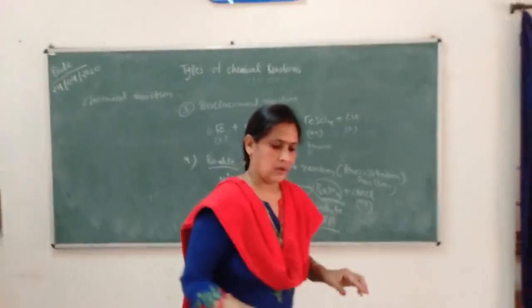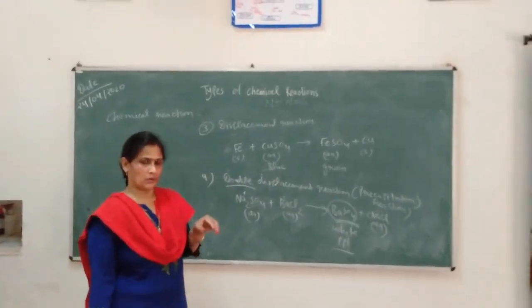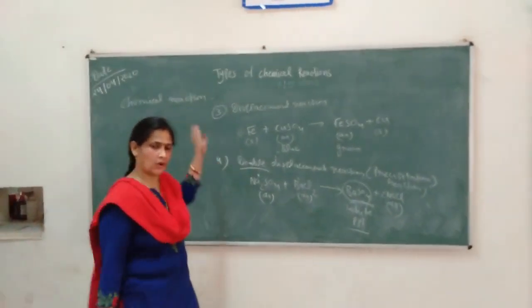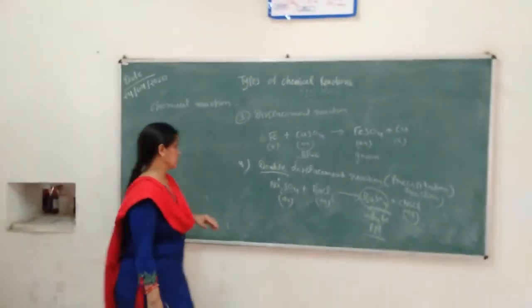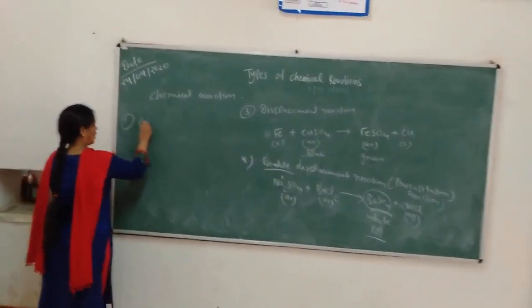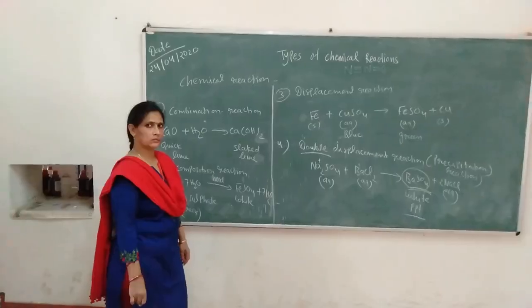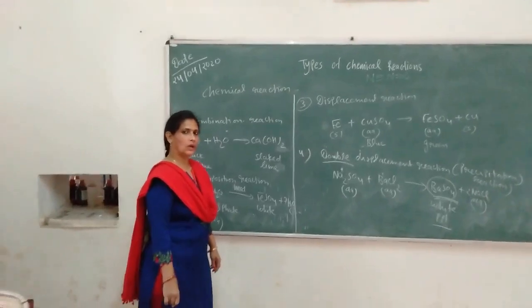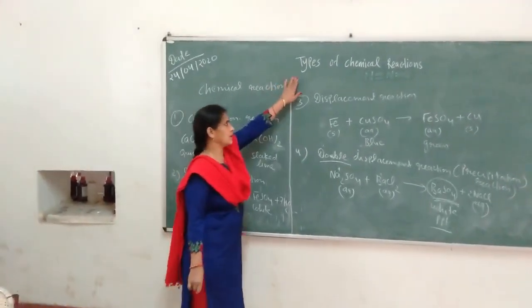Now a quick review of all these four experiments, four chemical reactions. Number 1, the first one is combination reaction. Now I am going to recapitulate this topic, types of chemical reaction.